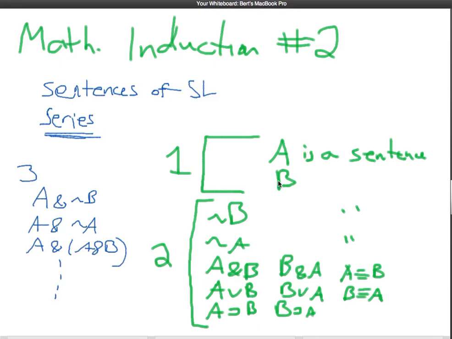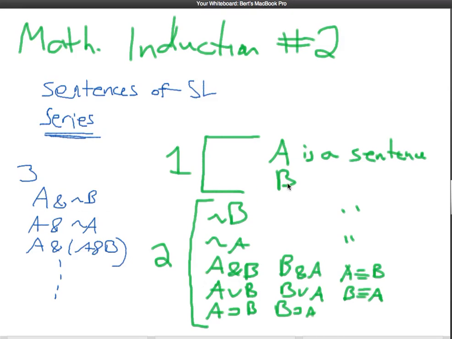So you can see what I'm doing is I'm picking A, and then I'm using conjunction to build all these new sentences using all the other sentences that I have. I actually already have A and B in here, so that'll be duplicating things, but that's okay. We just want to make sure that we cover every possible sentence. I'm using the conjunction rule to combine A with each of these sentences.